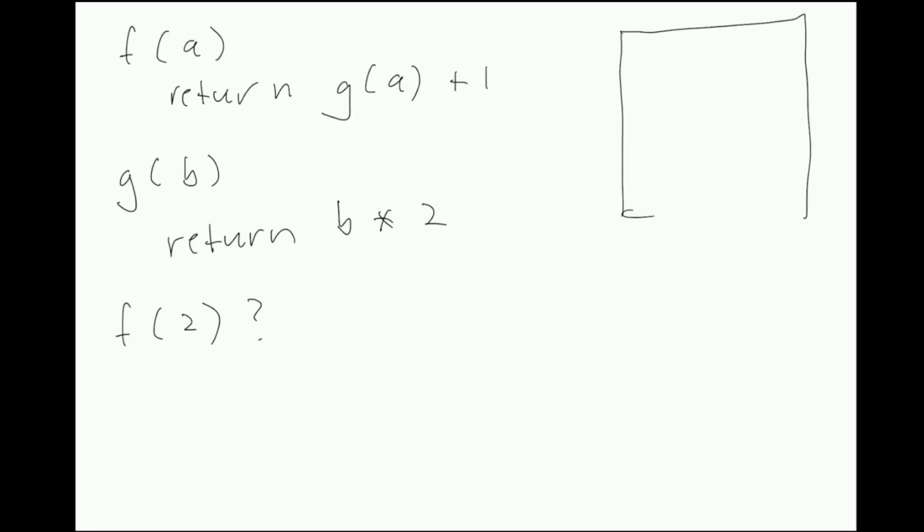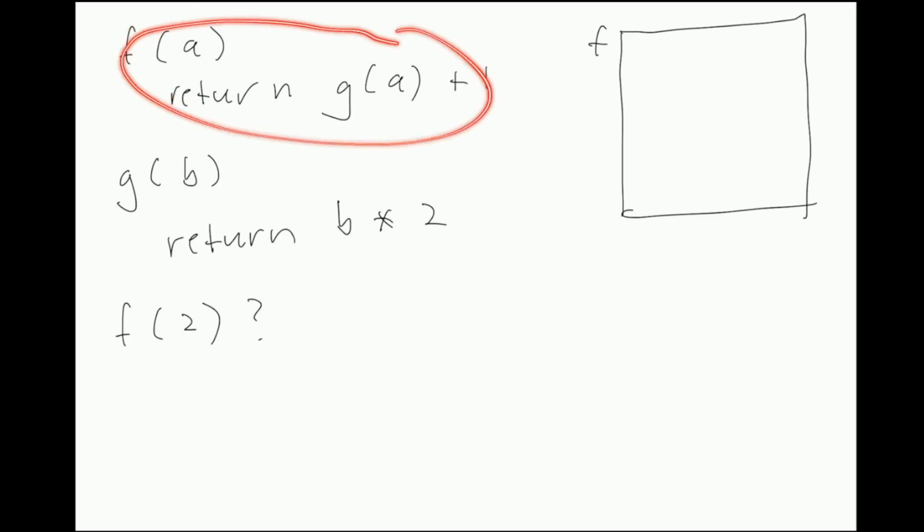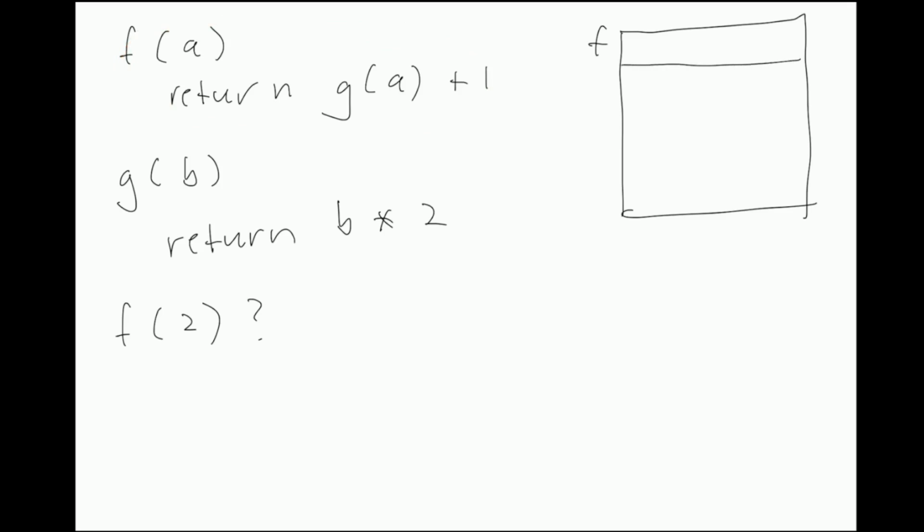a section of memory is allocated for f. This is called a stack frame, or activation record. It's a piece of memory that's dedicated to storing all of the values that are needed to compute f, all of the local variables that are used in f. And so there's space for a, so we go to call f here.